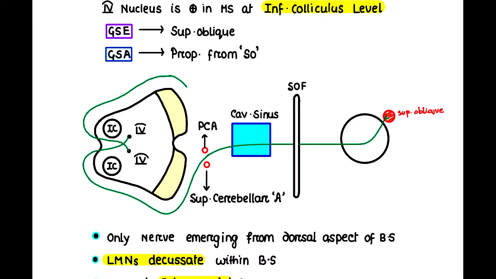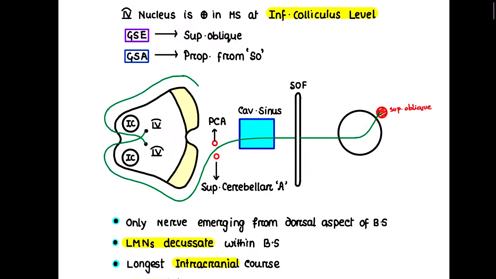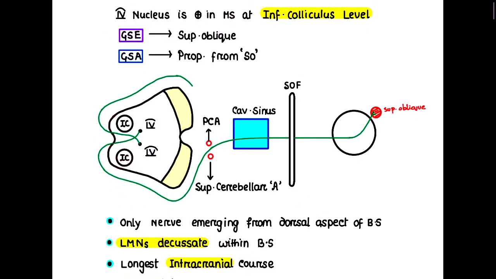Now these nerves decussate at the level of the midbrain only. As you can see, the fourth nerve nucleus, present right here, crosses to the other side within the midbrain, within the brainstem.